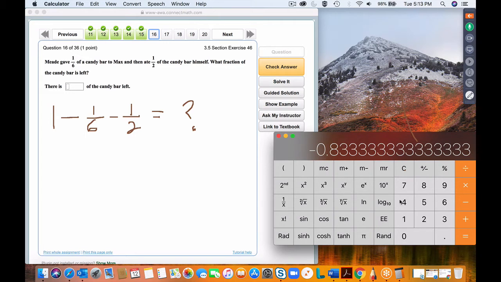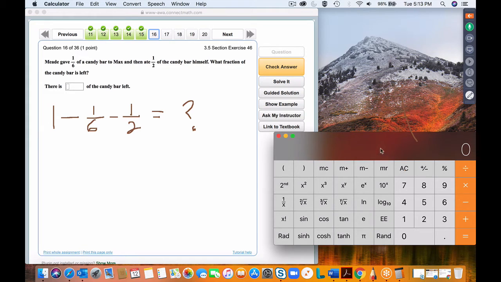And we need the answer not as a decimal, but as a fraction, because they ask what fraction. So the calculator doesn't work in this case. It gives us a decimal, and it's very hard to see the decimal.